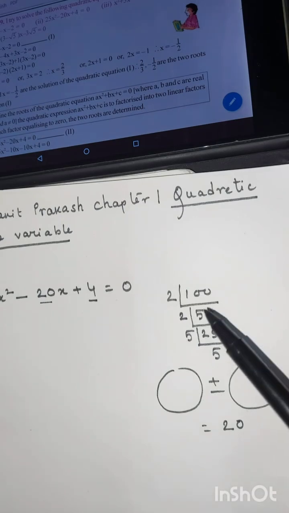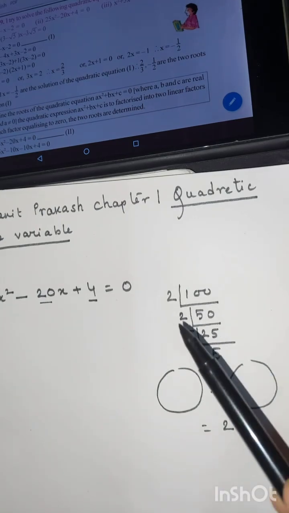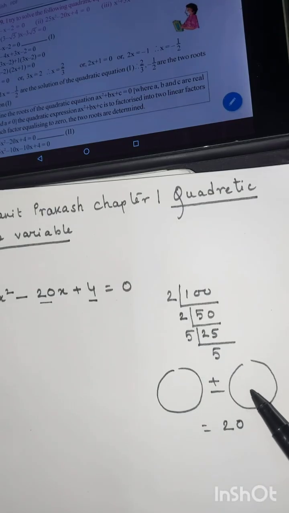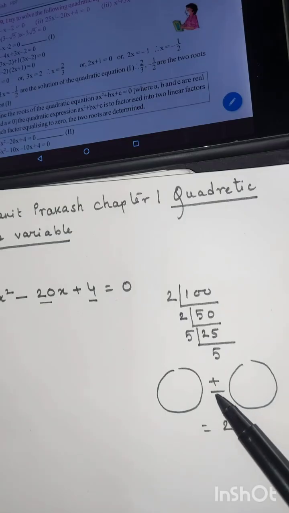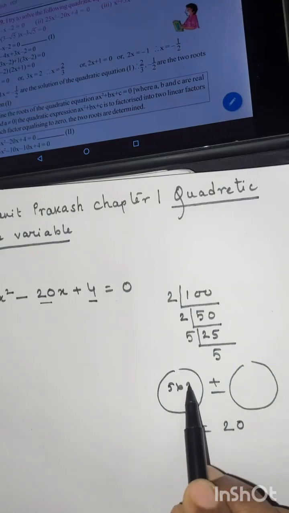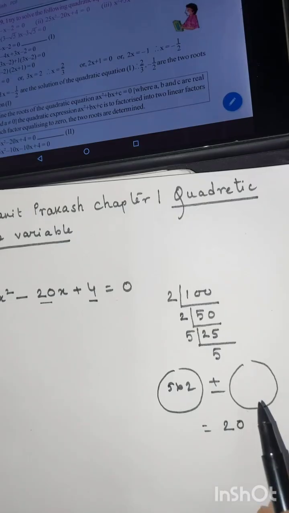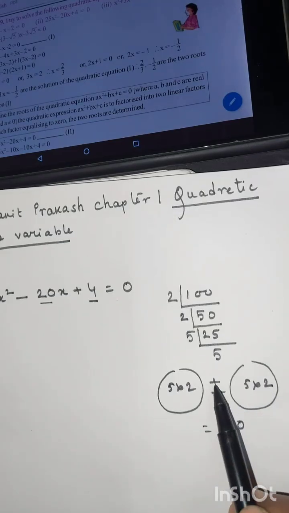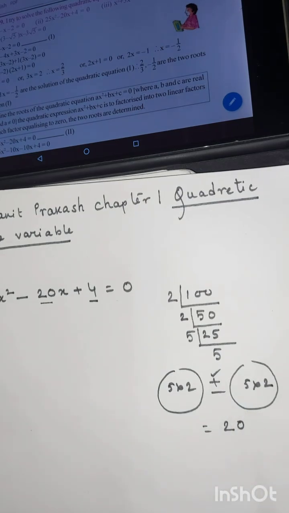Now we are going to arrange these factors. We are going to take some of these factors to group 1 and some to group 2, so that when we add or subtract, we get 20. How can we do that? If we take 5 and 2 to the first group and another 5 and 2 to the second group and add these two quantities, we get 20.